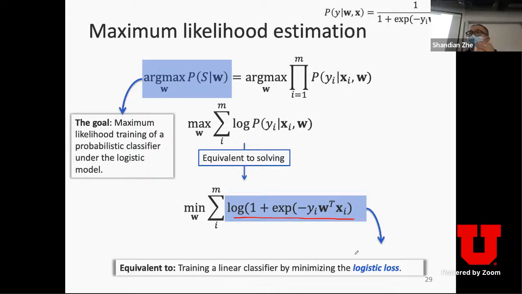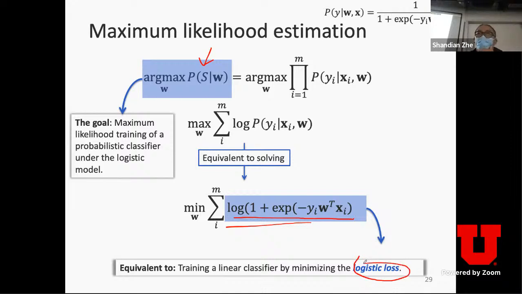So now you can see the connection. Maximizing the likelihood for the logistic regression model, which is a Bayesian model, is equivalent to minimizing a special type of loss function over the training set. This loss function is called the logistic loss.